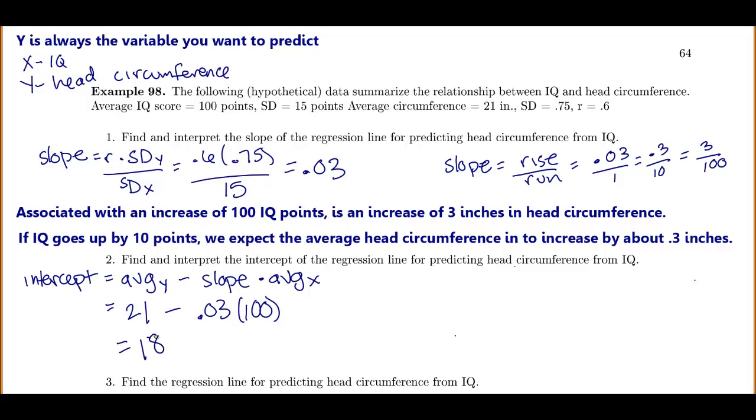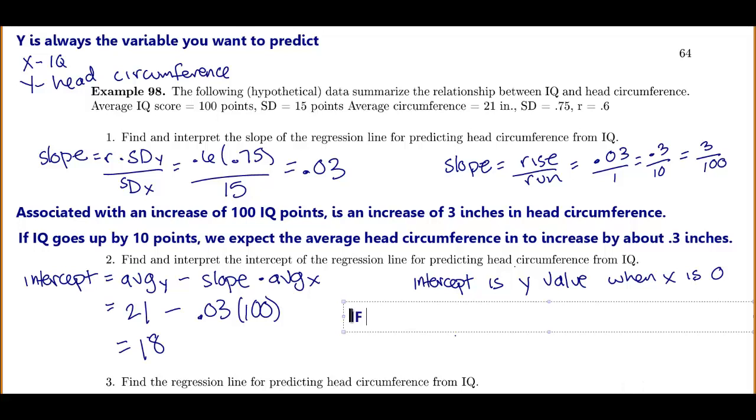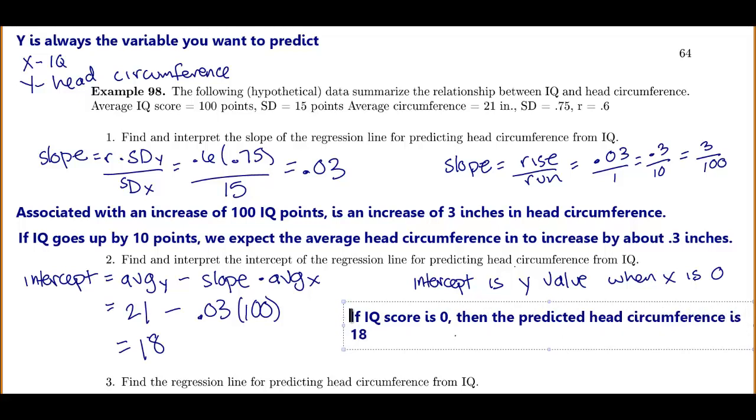Okay, how do we interpret this? Remember, your intercept is the y value when x is 0. So if the IQ score is 0, then the predicted head circumference is 18 inches.